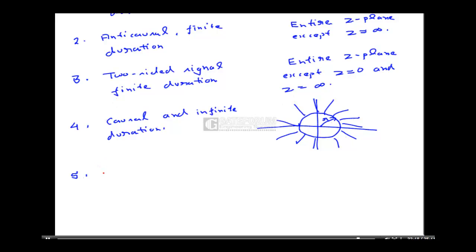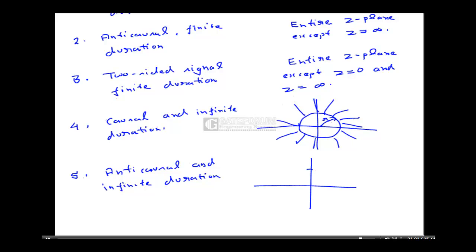If it is anti-causal and infinite duration, again it would be a circle, and the ROC is present inside the circle. For causal it is outside, for this it is inside. This may have radius r. See, mod z greater than r2, mod z lesser than r1.